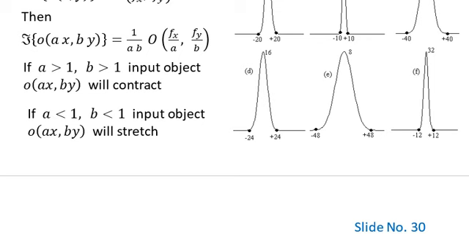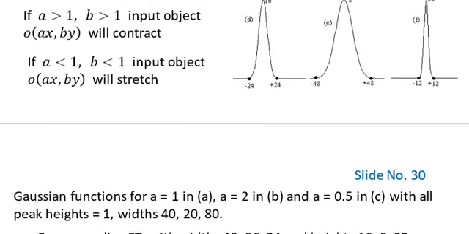The height is such that the total area under the curve is the same in both cases. So if the peak is high, the signal will be compressed. If the peak is low, as in E, the peak is 8, so the signal is expanded in that case.